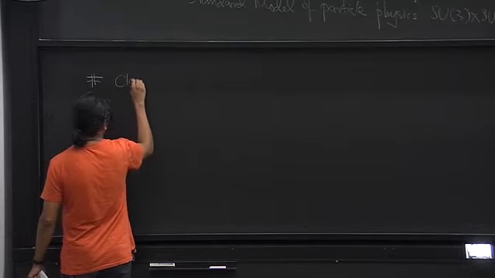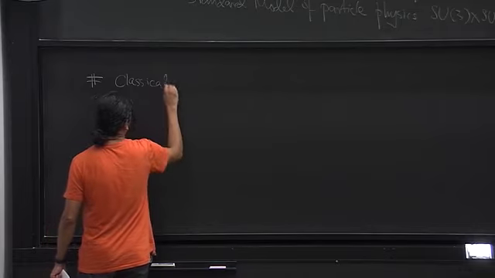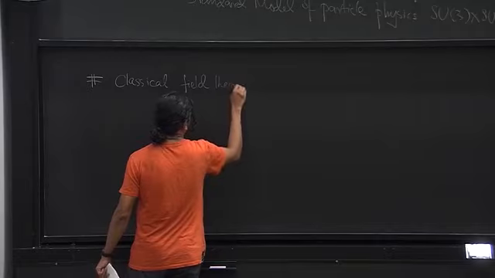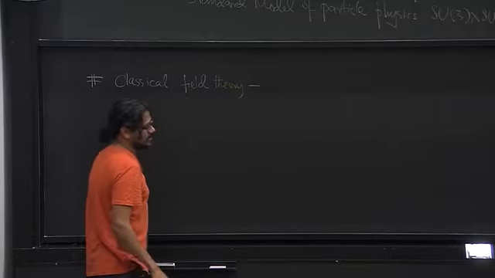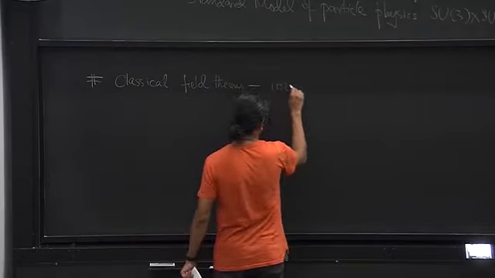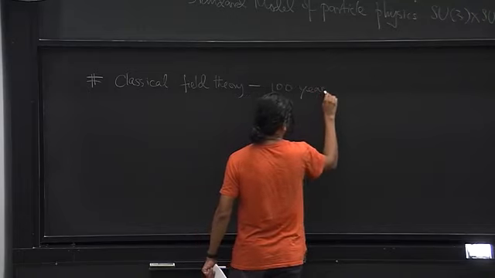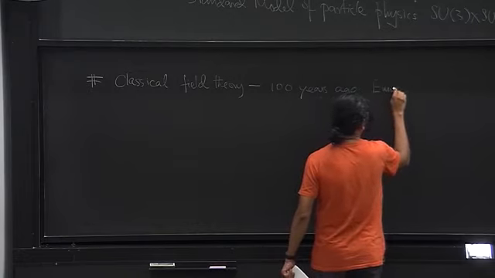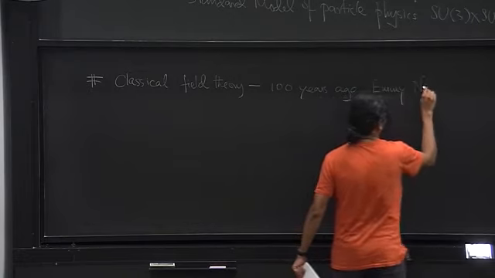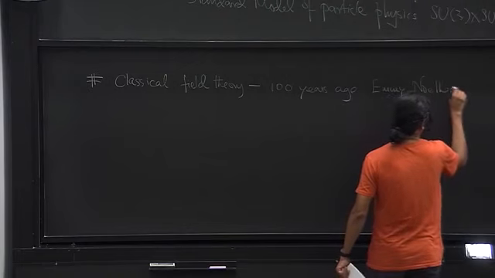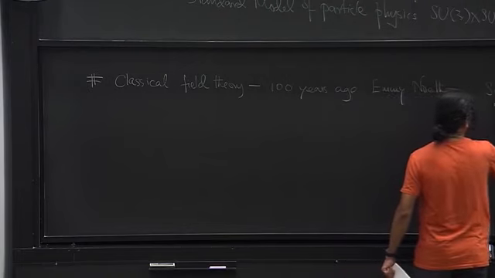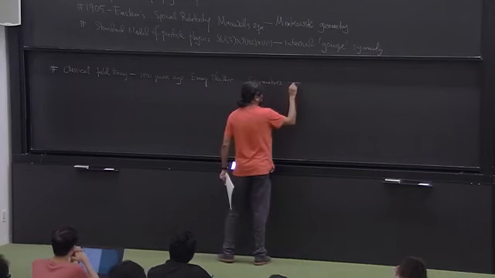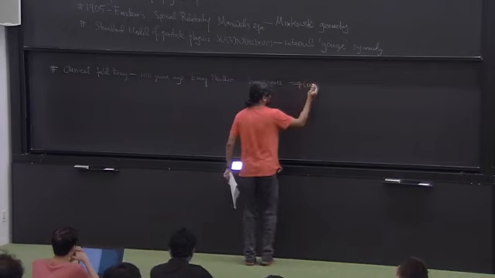In classical field theory, exactly 100 years ago, Emmy Noether showed that symmetries lead to conserved currents or conserved quantities.